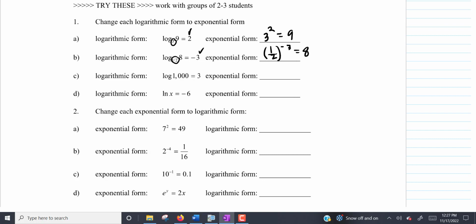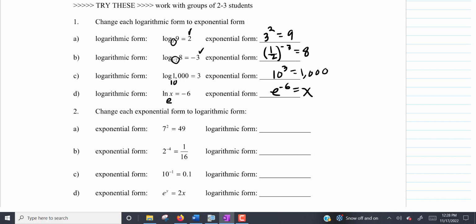Make sure you have that 1/2 in parentheses, because if it's not in parentheses, it's not technically correct. Log we said was base 10, so we would write this as 10 to the third equals 1,000. ln we said was base e, so that would be e to the negative 6 is equal to x.